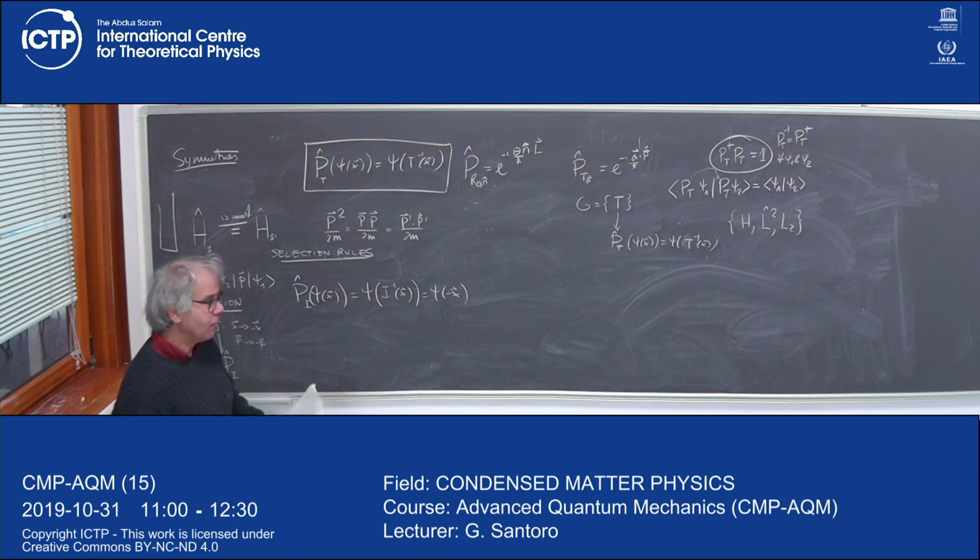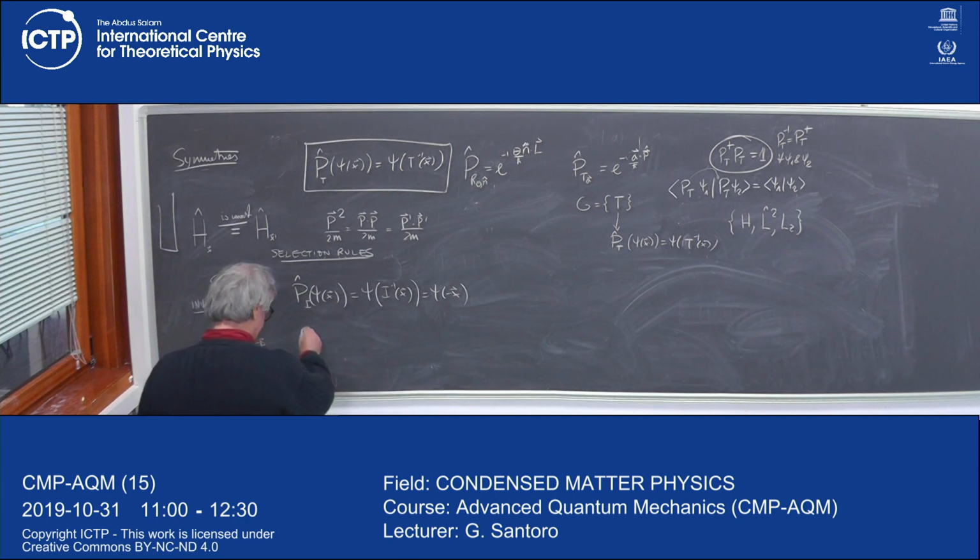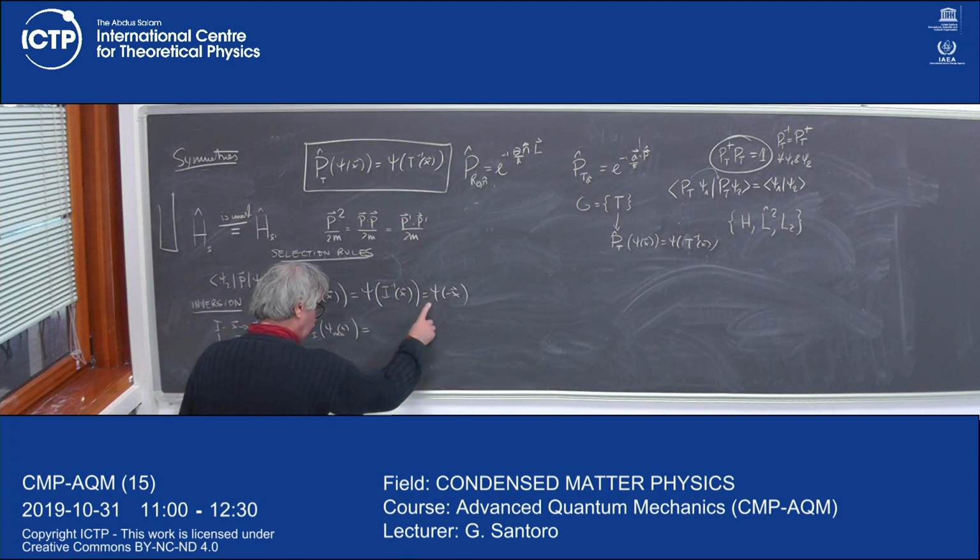Even. For even functions. So for an even eigenstate, pi of psi even is equal to psi even of minus x, which is equal to psi even of x.